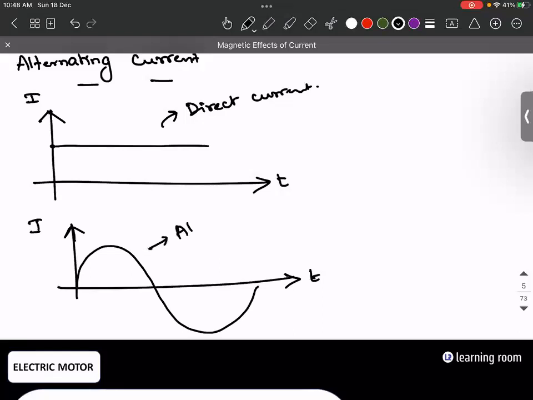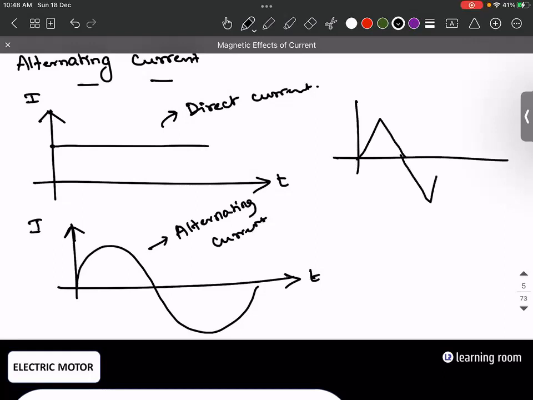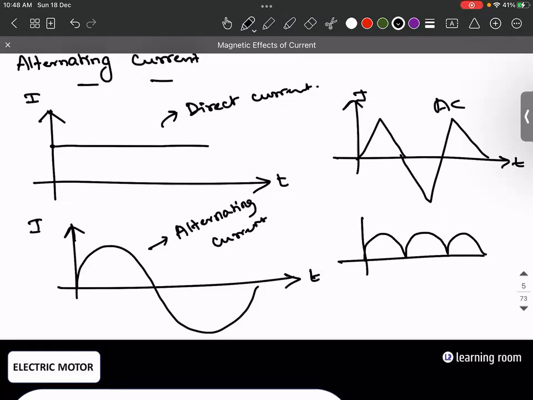Alternating current. If I draw something like this, it is again AC, no? Alternating current. This is also alternating current, right?